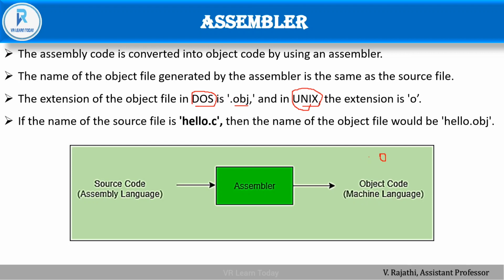If the name of the source file is hello.c, then the file name of the object file would be hello.obj in DOS and hello.o in Unix. So the extension depends on the operating system. But anyway, it's called object code.